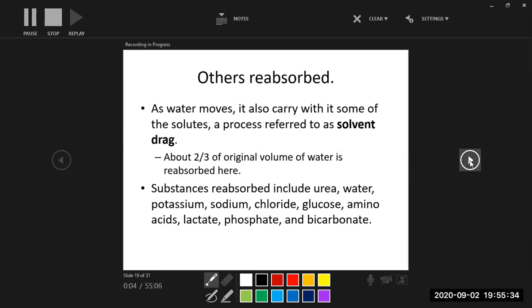There are other stuff also got reabsorbed. So it's not just the sodium, glucose, amino acid, water, and the bicarbonate. Urea got reabsorbed. We have the concept called solvent drag, meaning that a lot of the time when water, because 2/3 of fluid, that's a lot, it collects all this water back to our body through the transmembrane route.